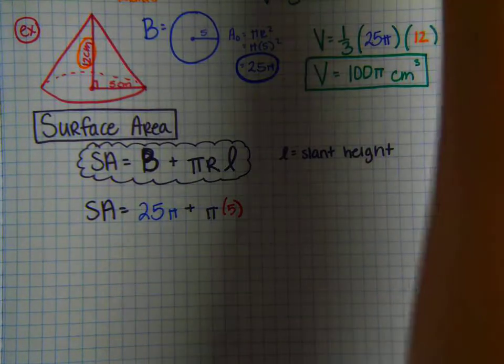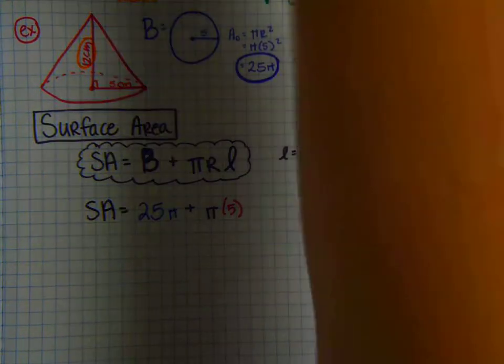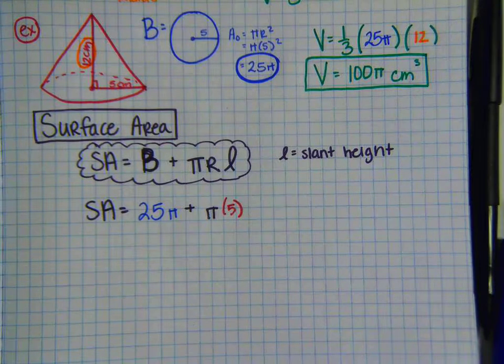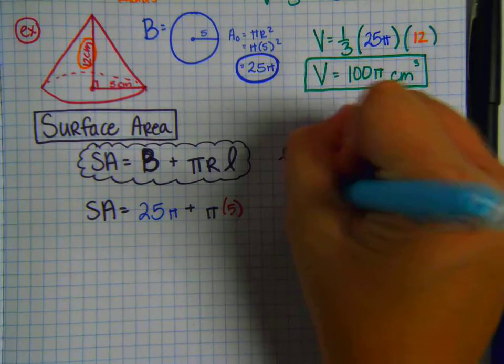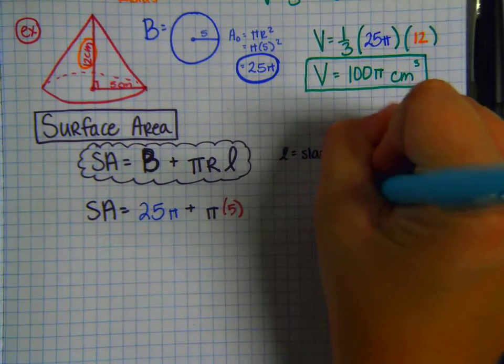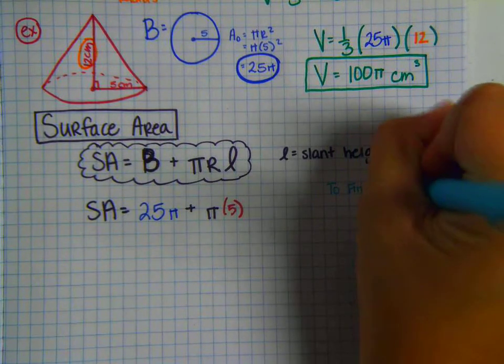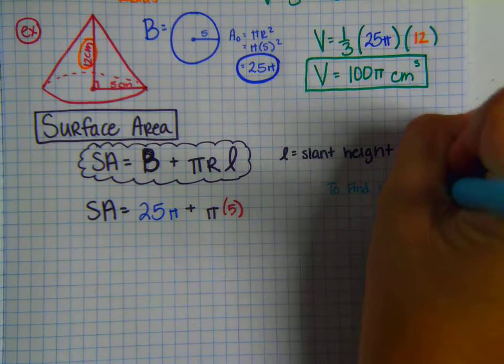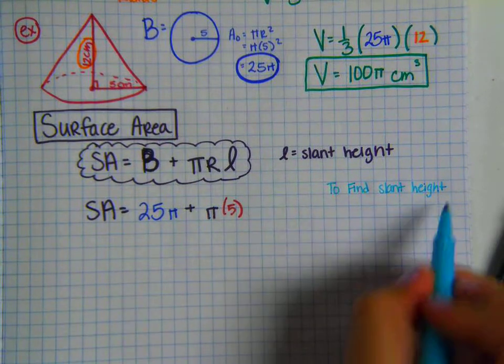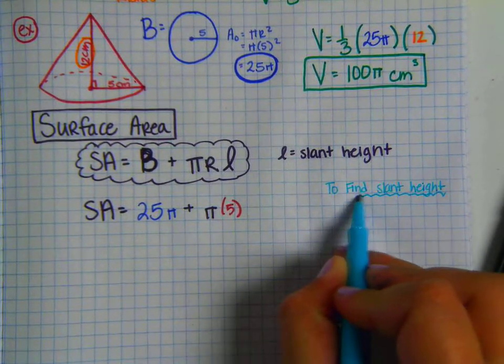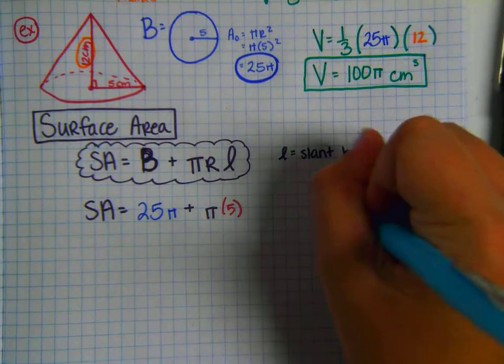Okay, so to find the slant height, we're going to use Pythagorean theorem.